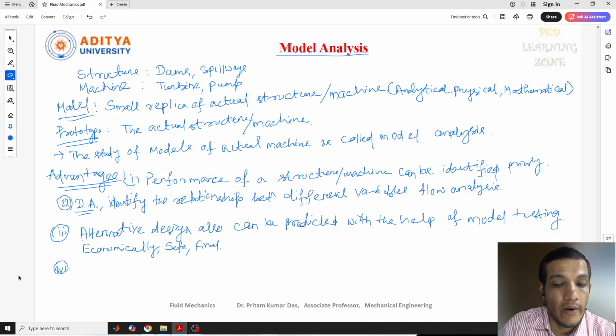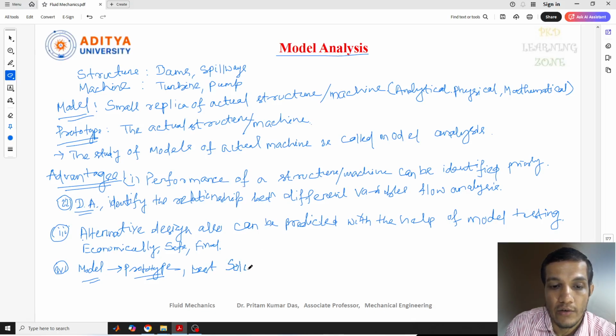If a complete similarity exists between the model and the prototype, that means when you create the model and then go for the prototype, and both are similar, then we can find out the best solution from the testing or from the performance.